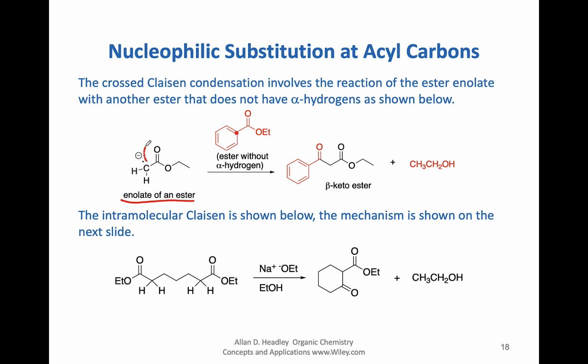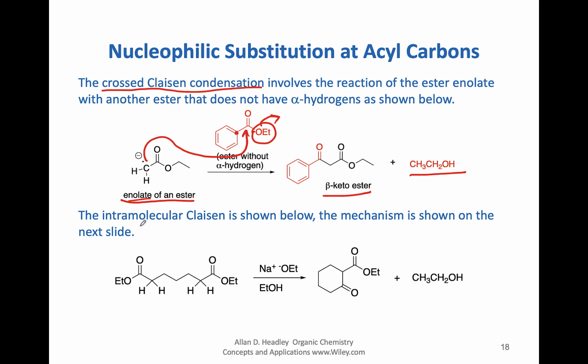So this enolate will react here, and this OH will leave as ethanol, and we have our beta keto ester as shown here. Notice we're making some really larger molecules by reacting some smaller components. This reaction, because we are reacting an enolate with a different ester, is called a crossed Claisen condensation or a crossed Claisen reaction.